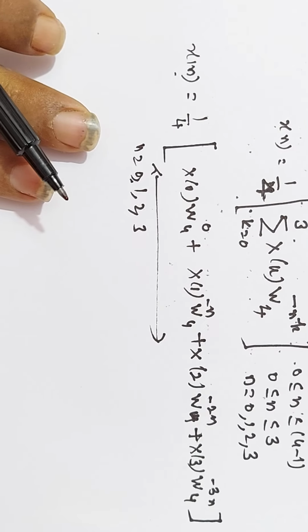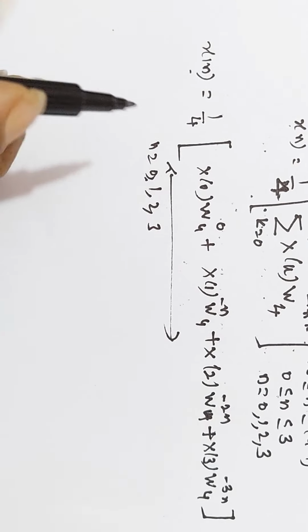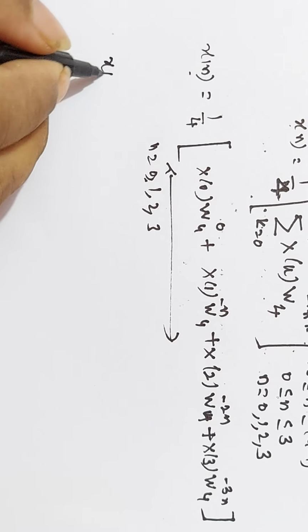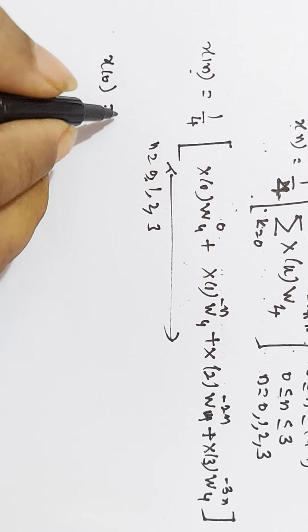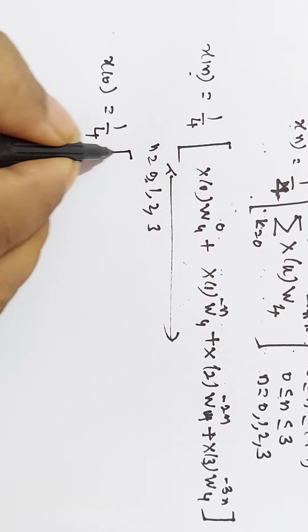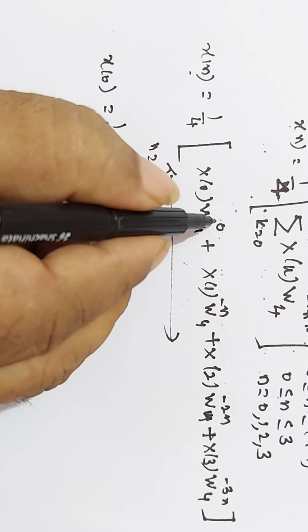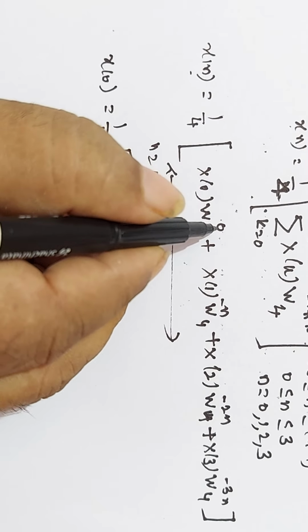Now let us see how it can be calculated. First sample, x of 0, is equal to 1 by 4 times X of 0 W_4 power 0, and W_4 to the power of 0 is 1.